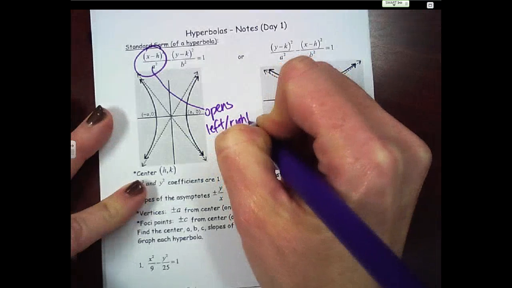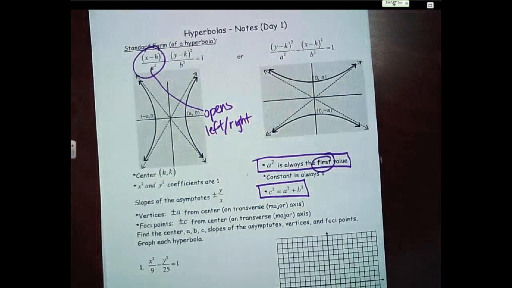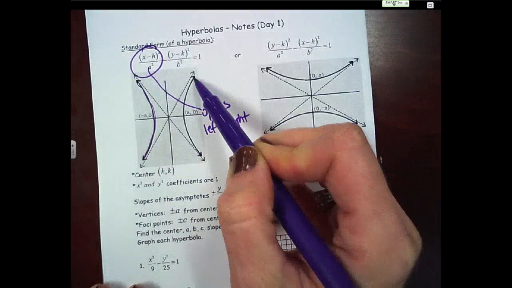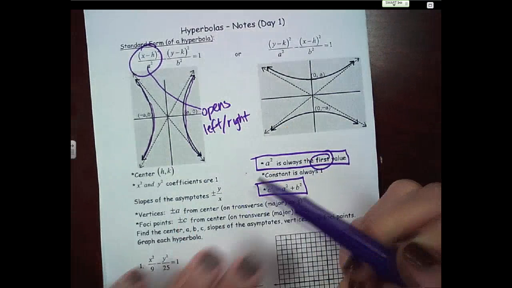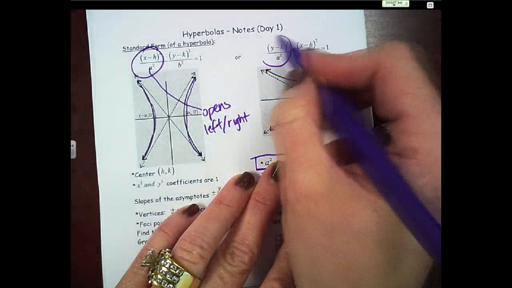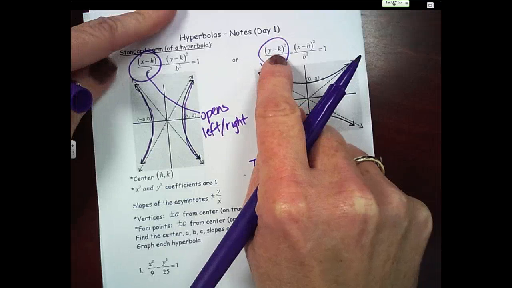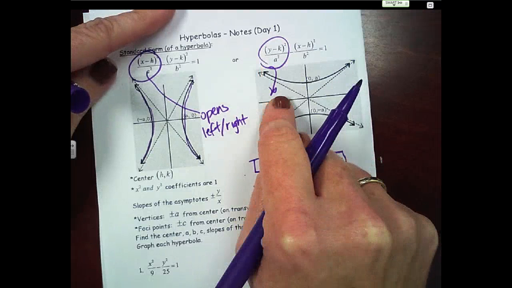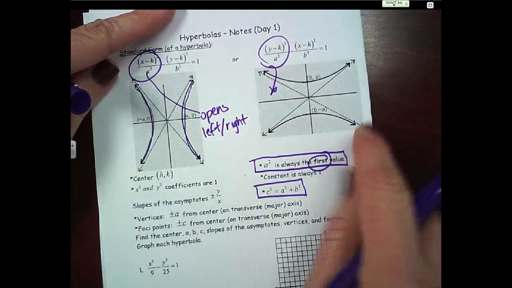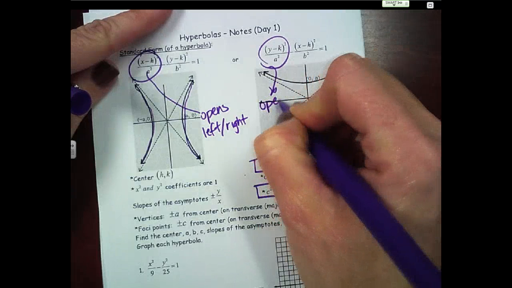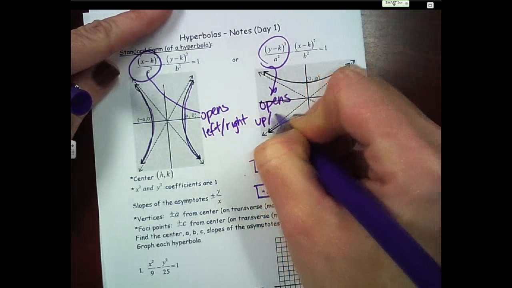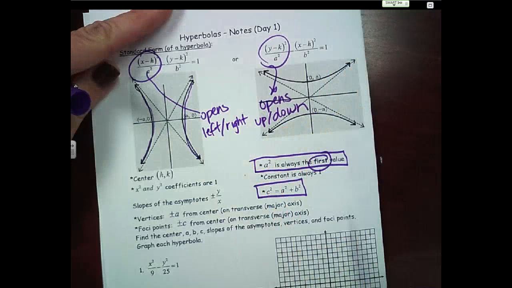It starts with x, so it opens about the x-axis. But this one starts with y, and it opens, what do you think? With the y, so instead of left and right, which way does it open? Up and down. It opens up and down instead.